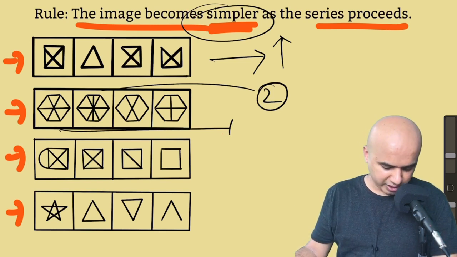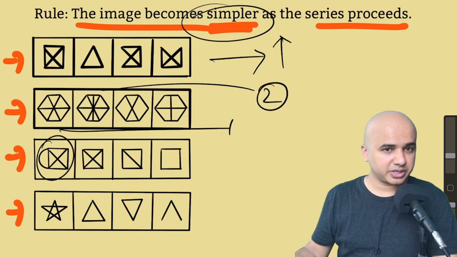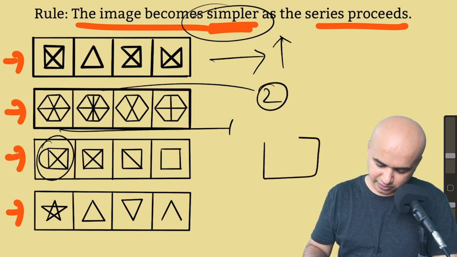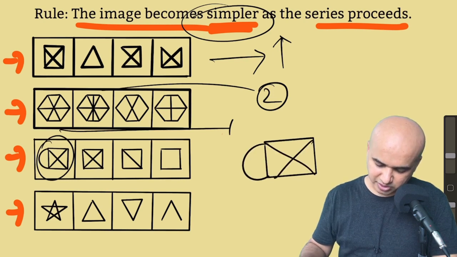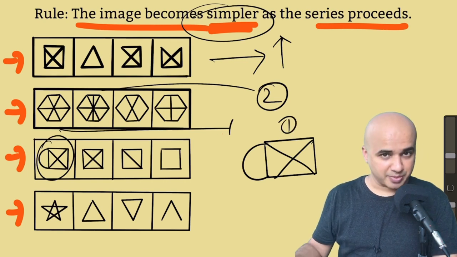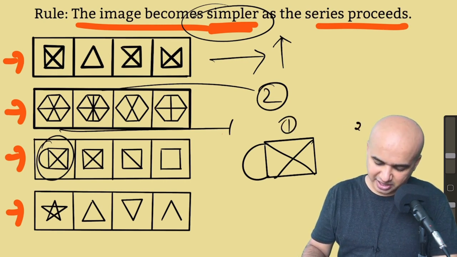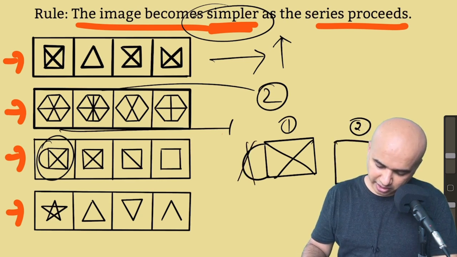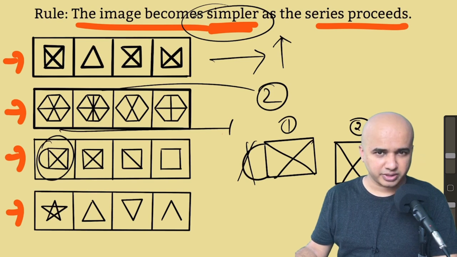Now if we look at the third option here, we start with this particular diagram. Then see, if I have to draw that roughly, it is somewhat like this. Then there is some semicircle there on the left hand side. Now this is the first image in that series. In the second image, this semicircle is dropped, so we only have a square, and within that square we have a cross mark.